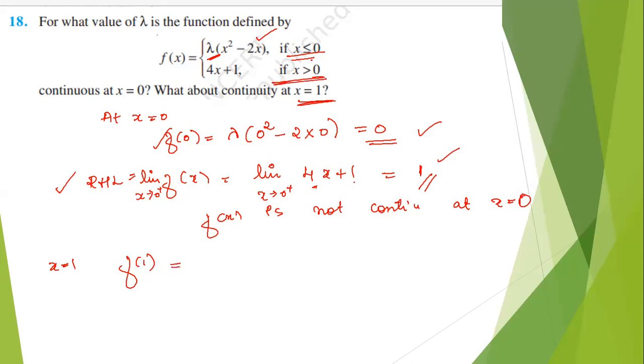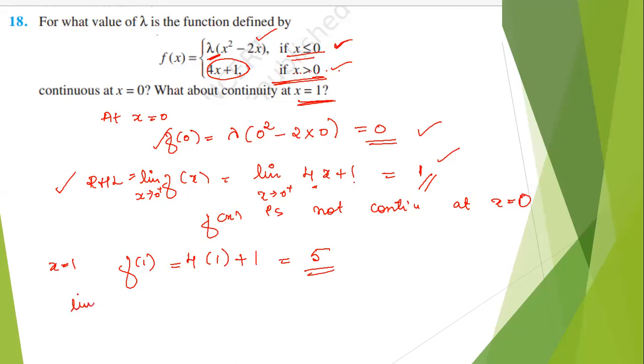This one you have to take because it is for x greater than 0. So this will be the functional value. The other one is only for negative and 0. This is when x is greater than 0, means positive reals. So you have 4 into 1 plus 1. What will this be? You get it as 5.